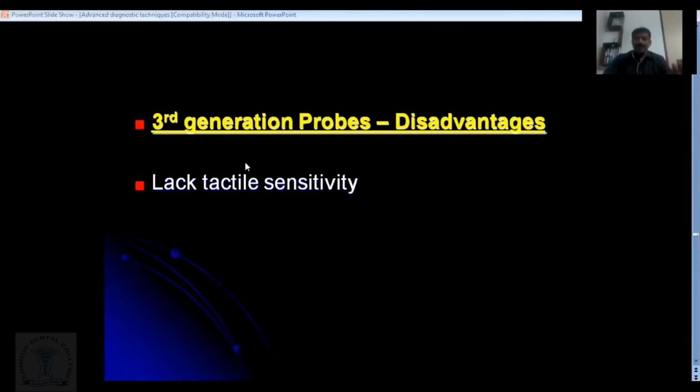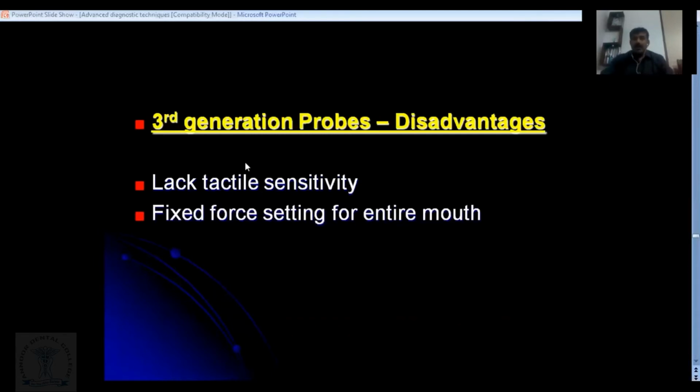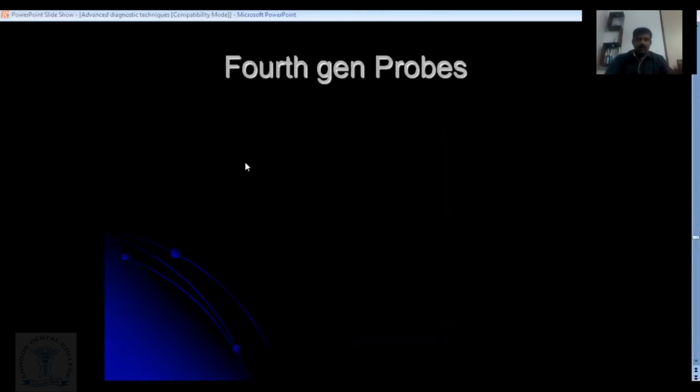Tactile sensitivity is not there. There is a fixed force setting for the entire mouth. As I said, if you set it at 0.25 Newton, it will probe with 0.25 Newton in all the areas. It's also bulky, as I showed you before. So these are some of the disadvantages of the third generation probe.